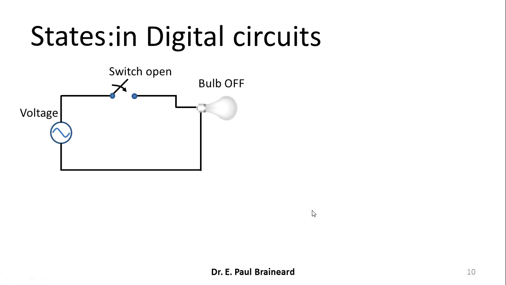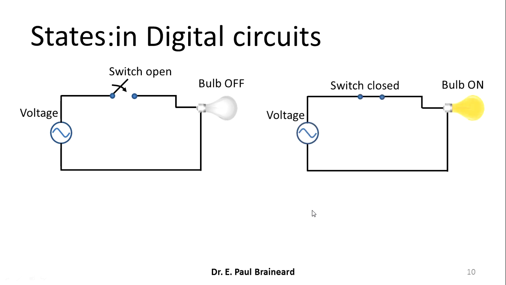If the switch is closed, voltage is applied across the bulb and the bulb is turned on. This state of the bulb in logic language is termed as logic high or true state. Turned off bulb is represented by logic low. Turned on bulb is represented by logic high.